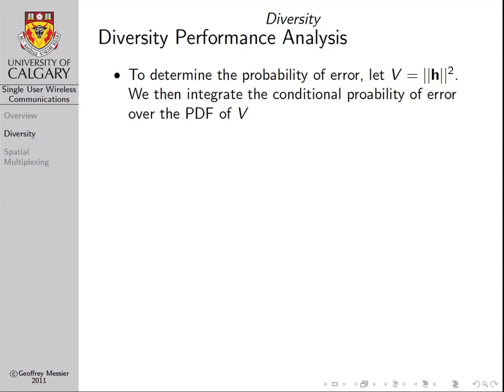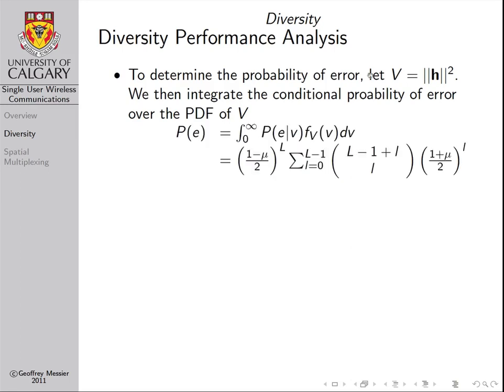So to simplify our notation, just like we did in the other derivation, let's let the random variable V equal the squared norm of the channel vector. Again, the squared norm of the channel vector is a scalar value, so we can use a scalar random variable. And then, just like in the previous derivation, we integrate the conditional probability of error over the PDF of V. And so the integral setup is exactly the same.